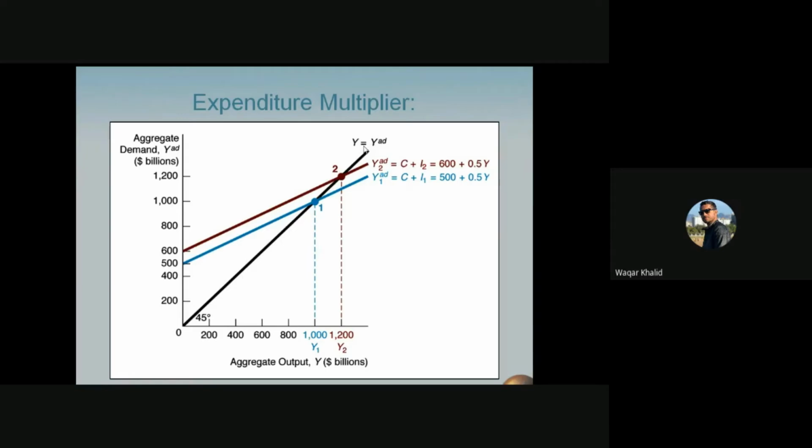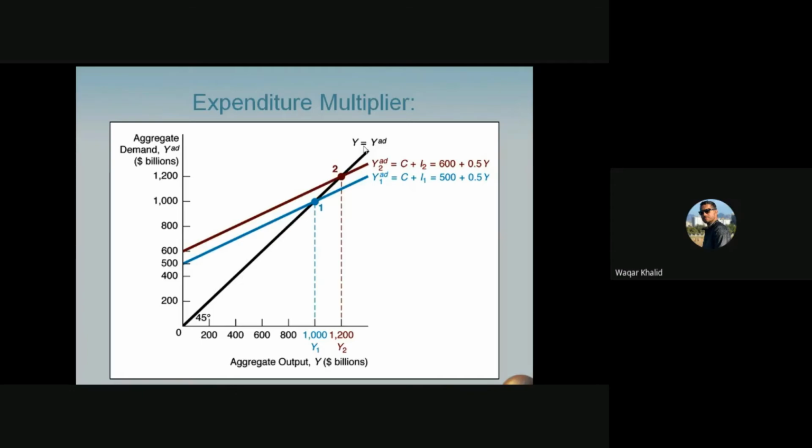Why? Because initially investment was 300 and the new investment is 400. It means that we have increased the investment expenditures by about $100, from 300 to 400. But look at the aggregate output. The aggregate output has changed from 1000 to 1200. It means a change in investment is about 100, but the output has changed 200.